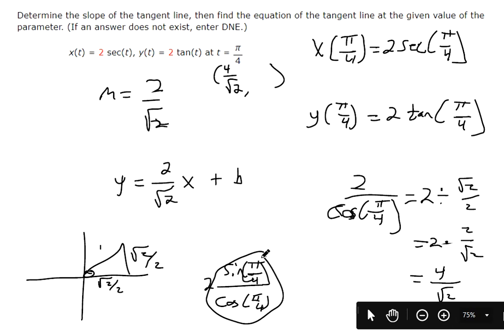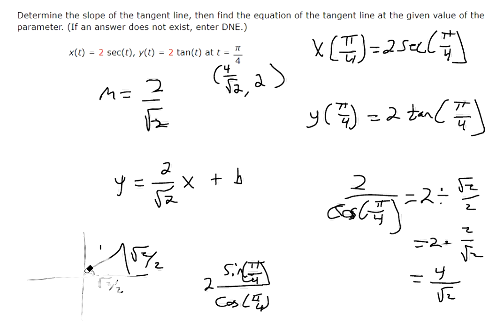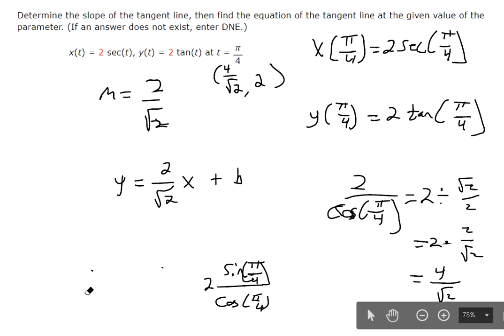So this makes 1, and 2 times 1 gives us 2 here. So we have our x and y coordinates, and now we can plug that into this equation to finally help us get the tangent line. Just a bunch of messy trig going on, right? But the big point is when you make a tangent line, you just need the slope, which you can find with calculus, and then you just need to plug in the x and y coordinates.